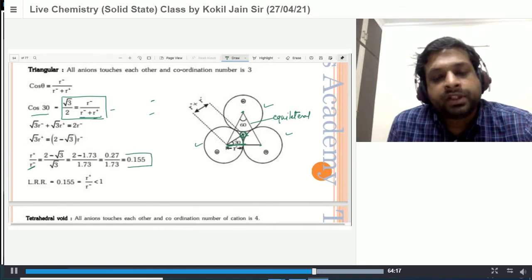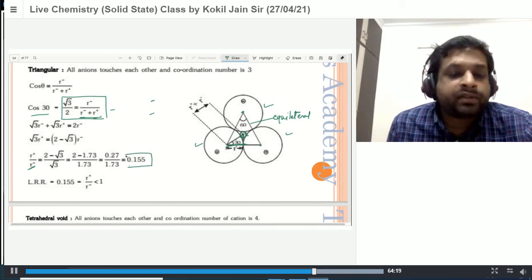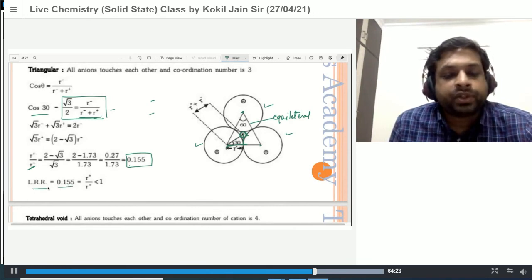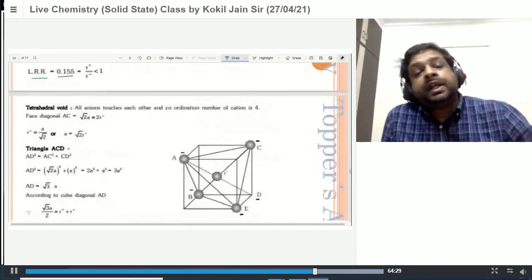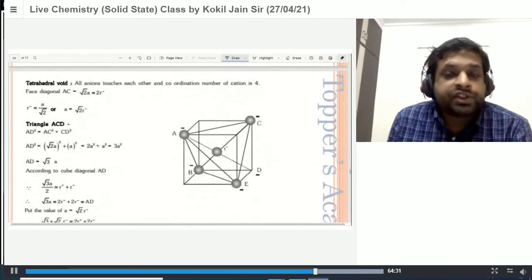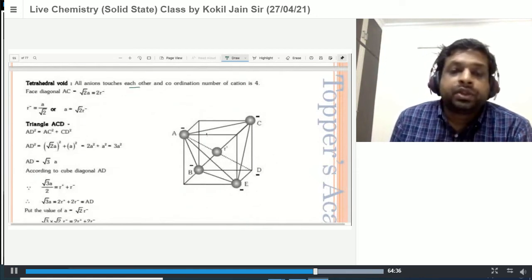So your limiting radius ratio is 0.155. Now if the anions are touching each other and forming a tetrahedron, the coordination number of the cation is 4 here.